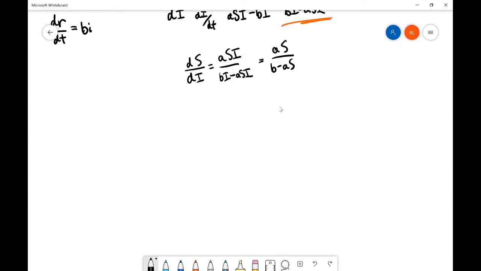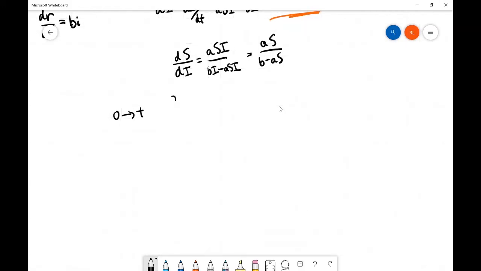We should get, maybe let's integrate from 0 to t, right? So we get the integral of (b minus aS) over aS dS, integrating from 0 to t, so S(0) to S(t), is equal to the integral from I(0) to I(t) of dI.